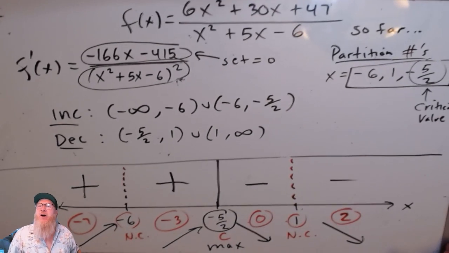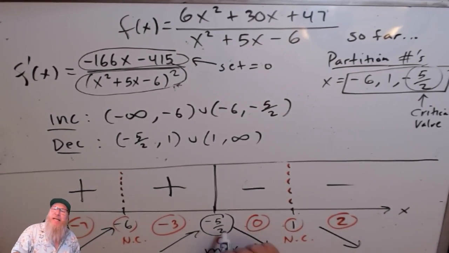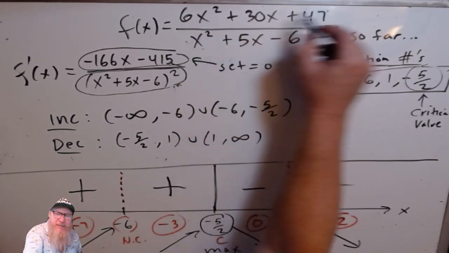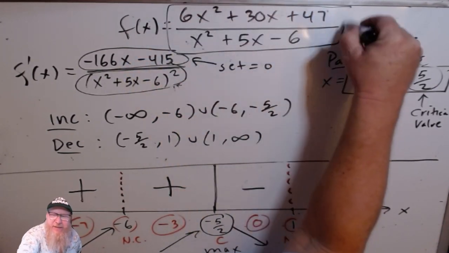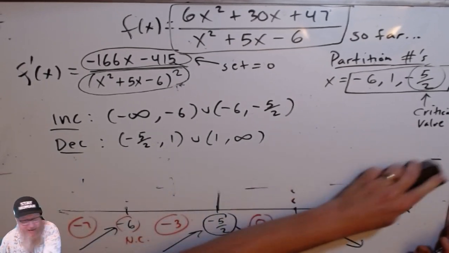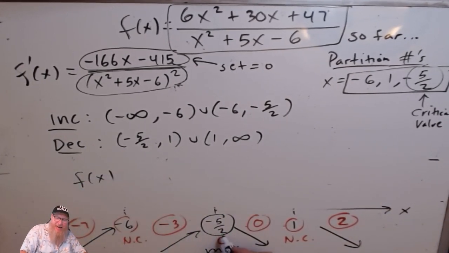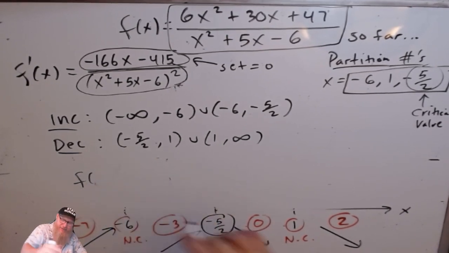Okay, and then the hardest part of this whole problem, not the hardest, but it's certainly the most tedious, is plugging this number into this function to figure out what the maximum value is. So I guess I'll do that now. The max is at -5/2, but I have to plug it in.